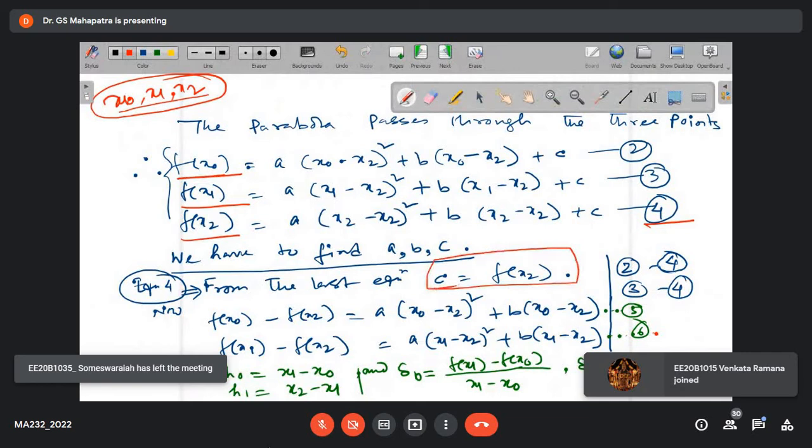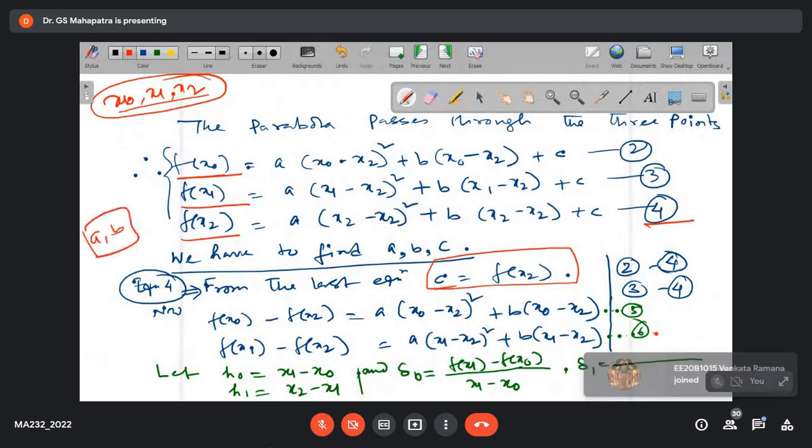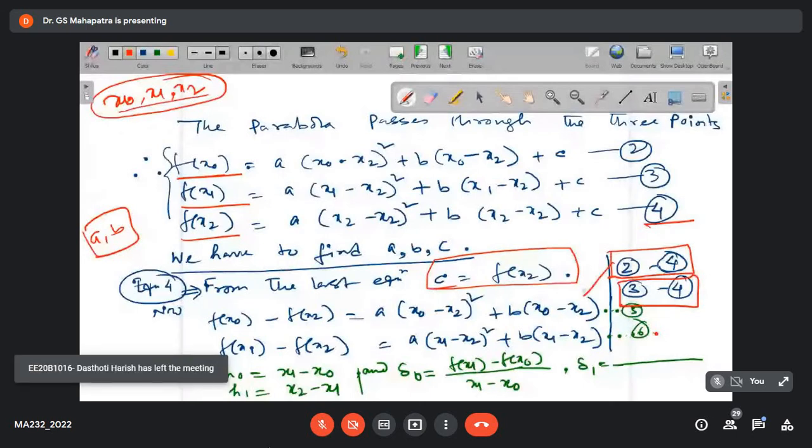Now you have to find a and b, two unknowns. What we have done is 2 minus 4 and 3 minus 4.